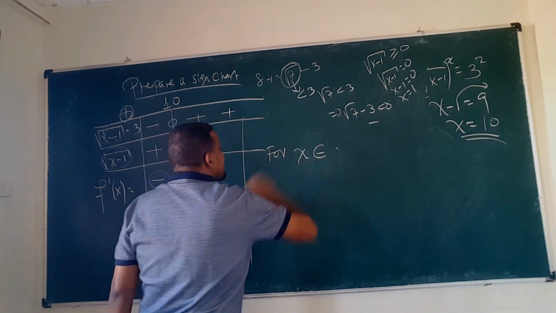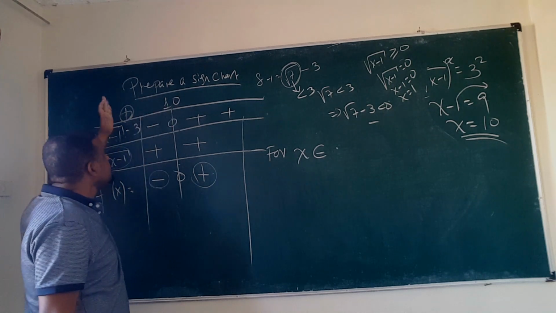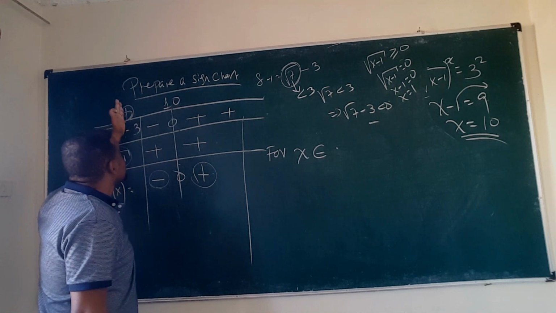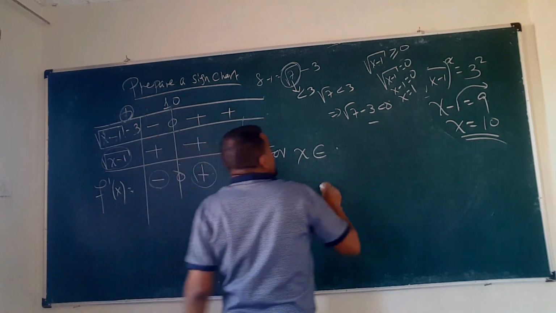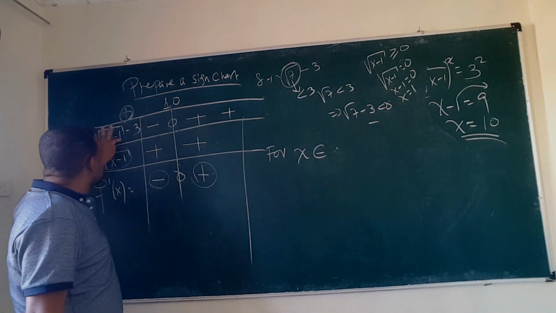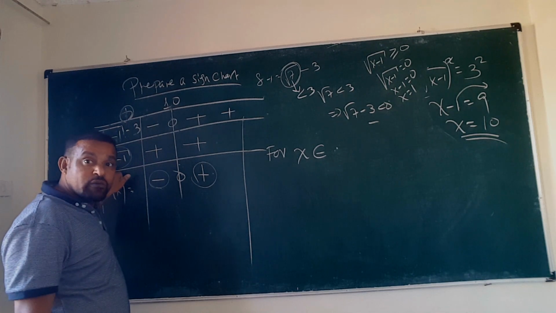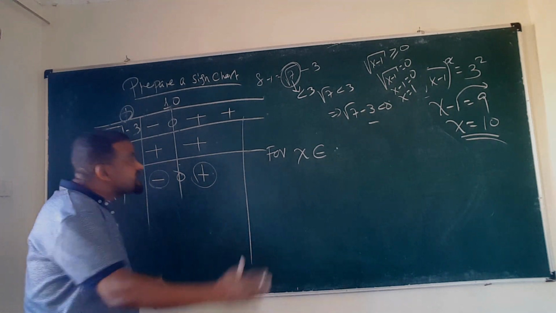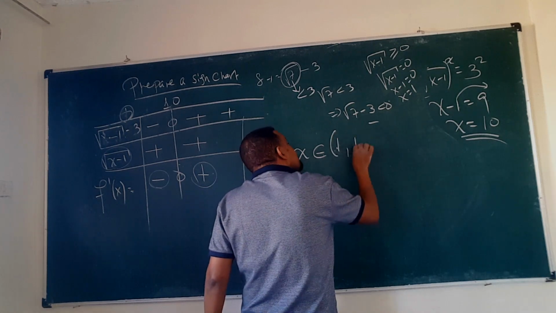Look at the intervals. For x in the interval between 1 and 10, x cannot be 1, because the denominator cannot be 0. So it is the open interval from 1 up to 10.